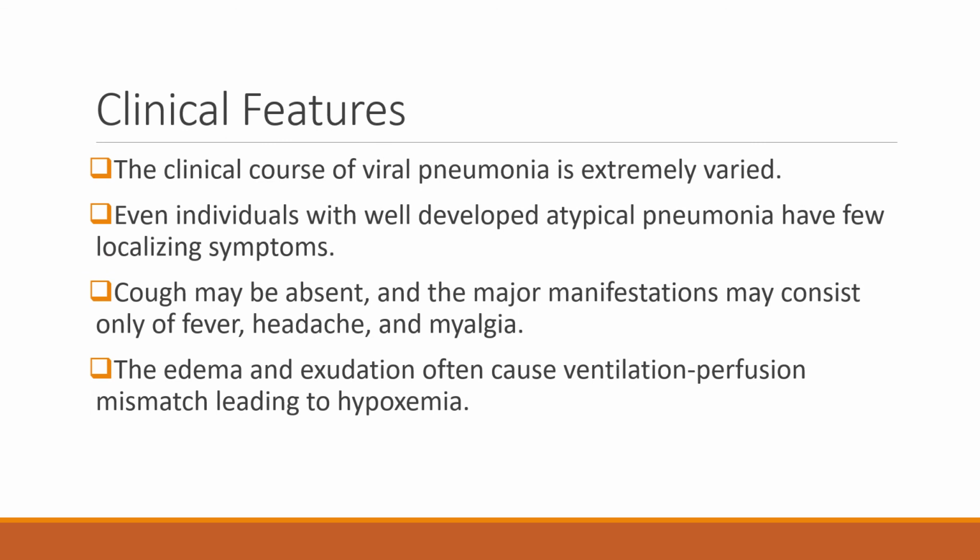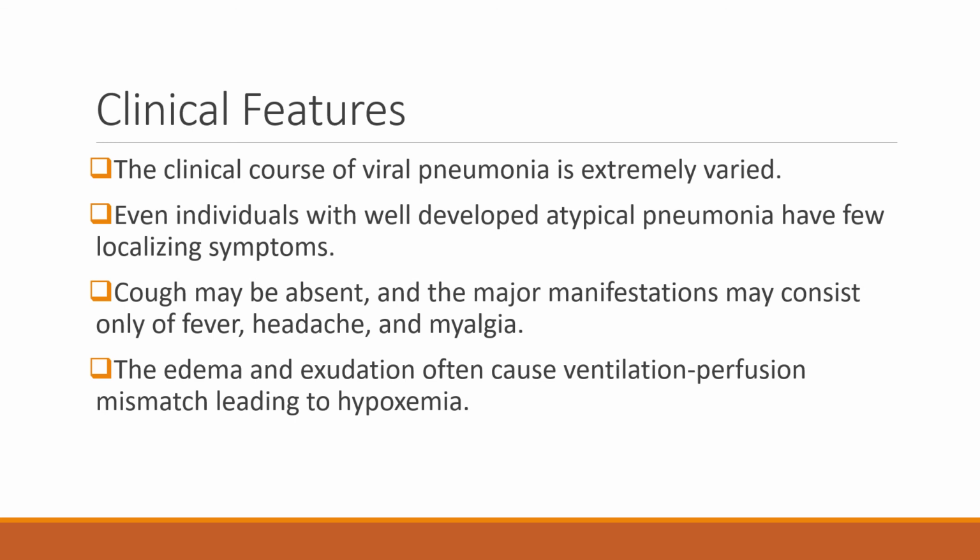Then clinical features, how the patient presents. The clinical course of viral pneumonia is extremely varied, and even individuals with well developed atypical pneumonia have only a few localizing symptoms. Cough may be absent and the major manifestation may consist only of fever, headache and myalgia.